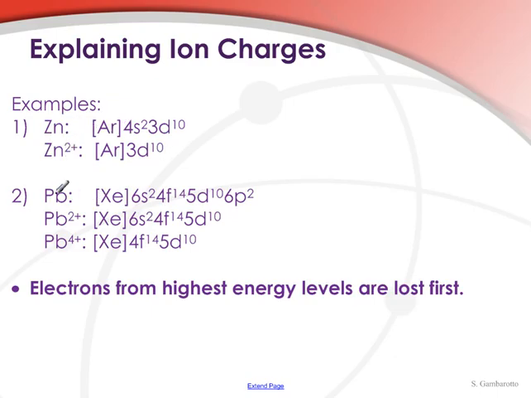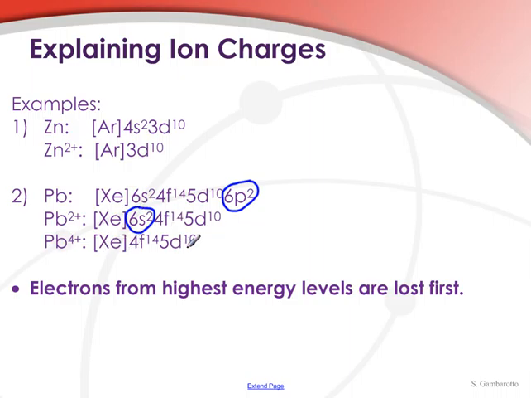Here's lead. If you look at your periodic table, you know that lead can have a charge of 2+ or 4+. Here's why. To go from your baseline lead electron configuration to lead 2+, we lose the outermost electrons, the 6p2. We lose those 2 electrons, and then we get a 2+ charge. Then to lose 2 more electrons and go to the 4+ charge, we lose the 6s2 electrons.